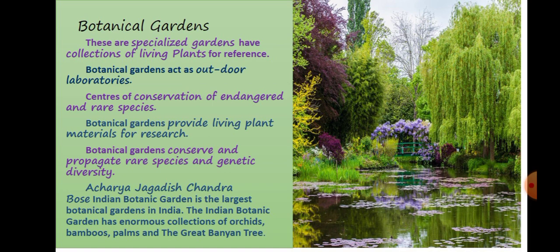If you enter any botanical garden, you can see so many varieties of plants. So it indicates what? Outdoor laboratories which give us a lot of information about plant species. You can collect any plant species from any corner of the world.